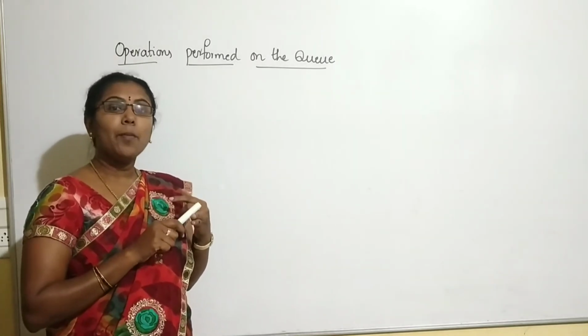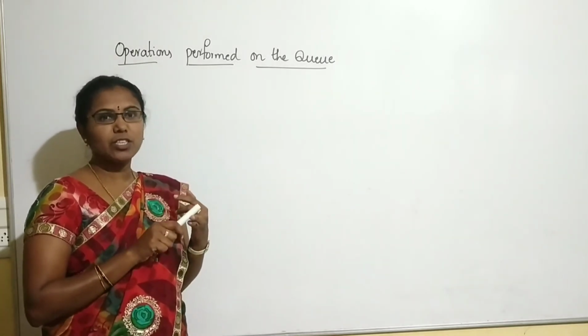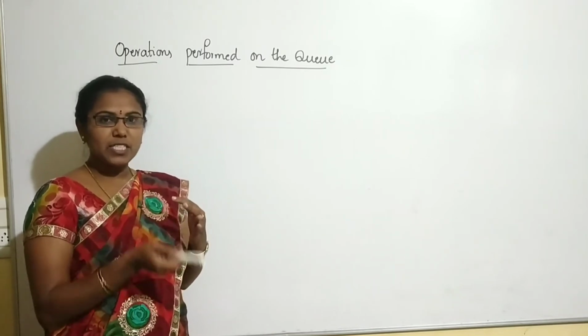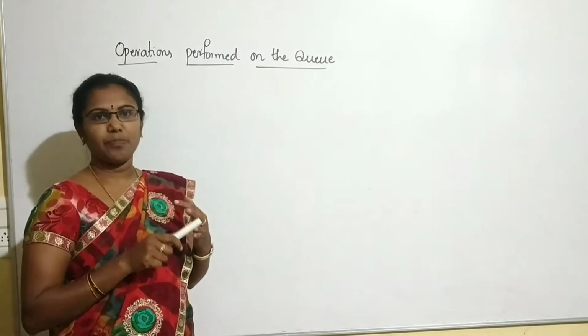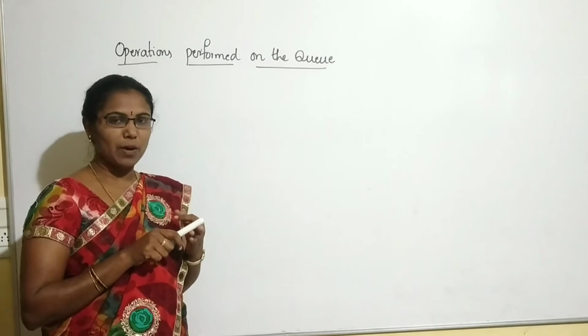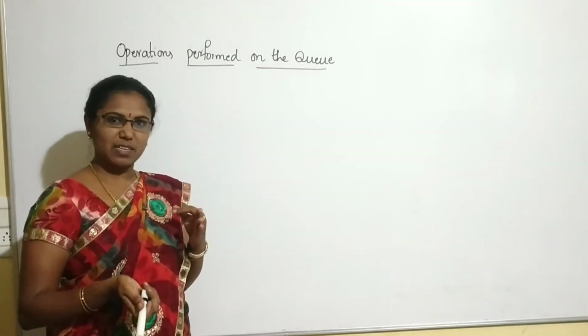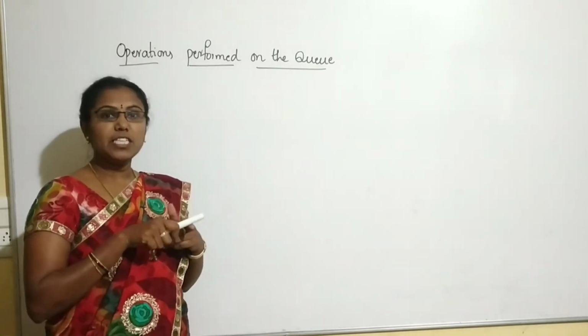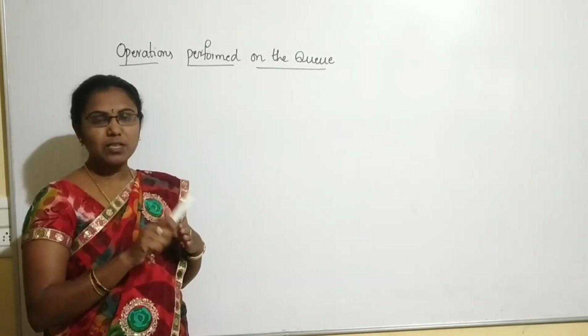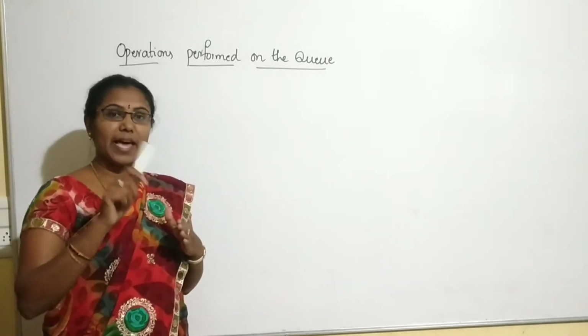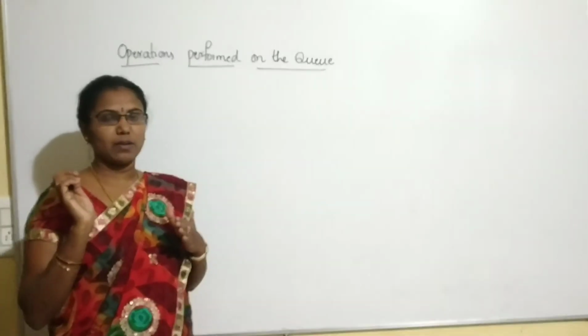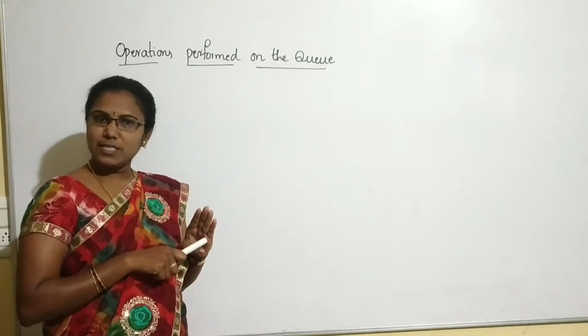Second operation, push. This operation can be used to insert an element into the stack. Third operation is pop. This operation can be used to remove an element from the stack. Fourth operation is full. This operation is used to find whether the stack is full or not. Next operation is empty.